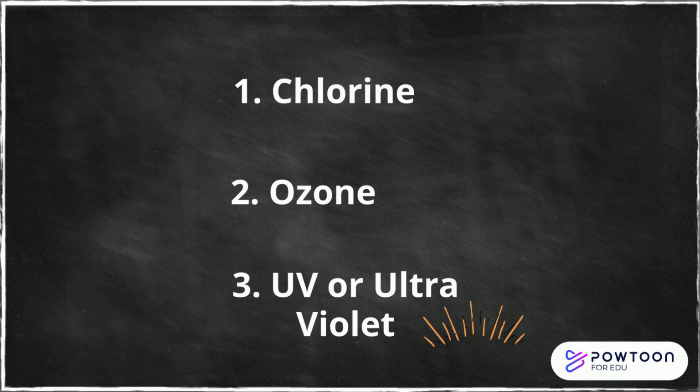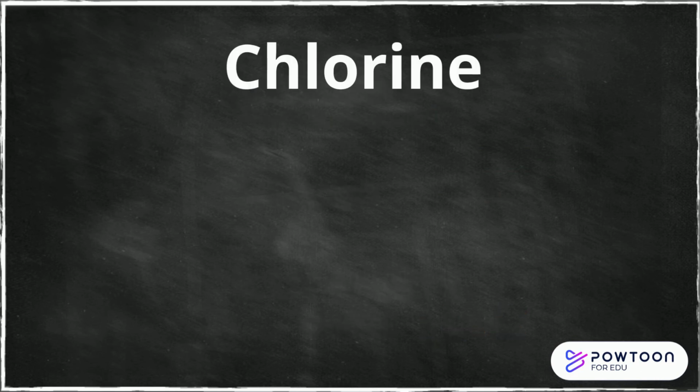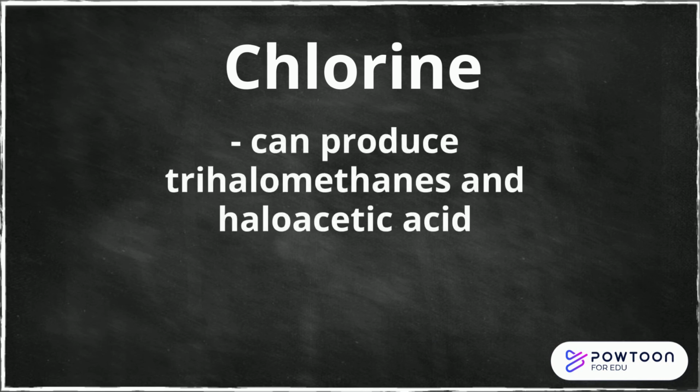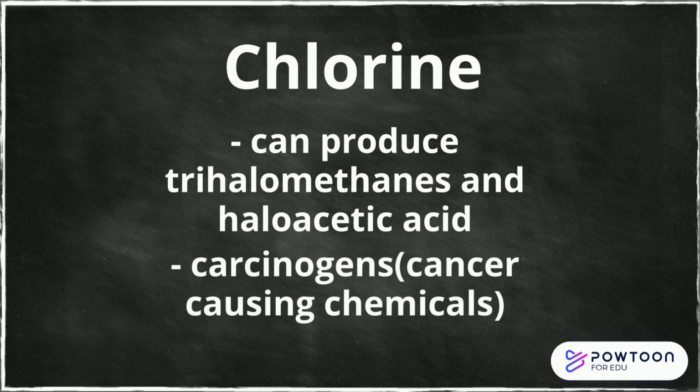Chlorine is by far the most common method. It's effective, it's inexpensive. Chlorine can react with organic species in the water, and it can produce trihalomethanes and haloacetic acid, both of which are carcinogens, cancer-causing chemicals. Adding chlorine at the end, where there are minimized organic species, reduces the amount produced to safer levels.